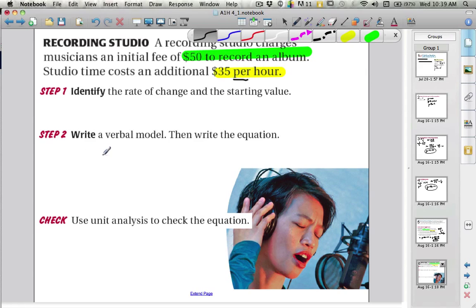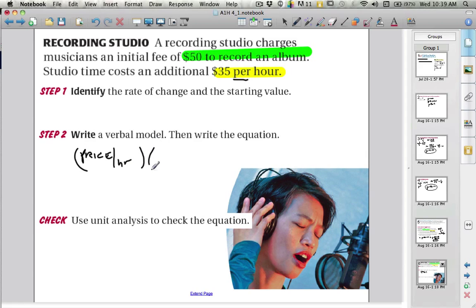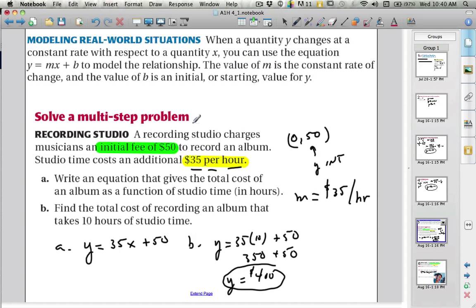Okay, when we talk about the verbal model, it would be the price per hour times the number of hours plus the fee would give me my total. Okay, so I went through all of these steps as I talked you through it on this particular page. And that's it for 4.1.